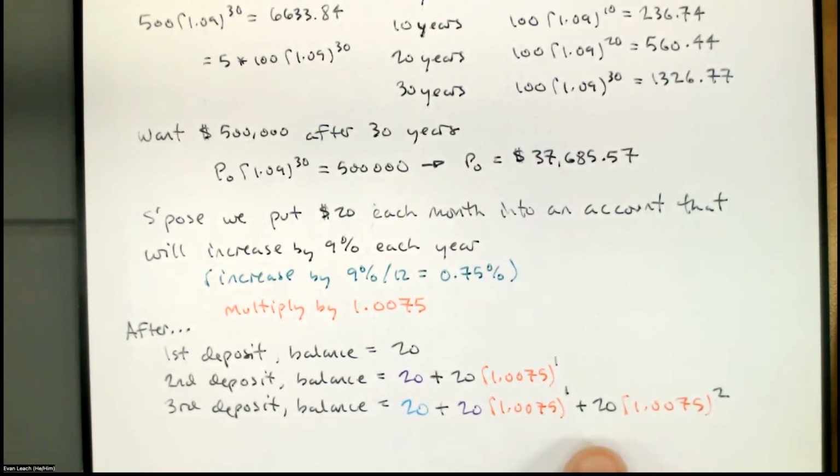So once again, this 20 times 1.0075 has been there for 2 months, so it has grown twice. It was multiplied by 1.0075 two times. That 20 times 1.0075 to the first is because it's had interest one time. And then that blue 20 is the 20 that we just put in.